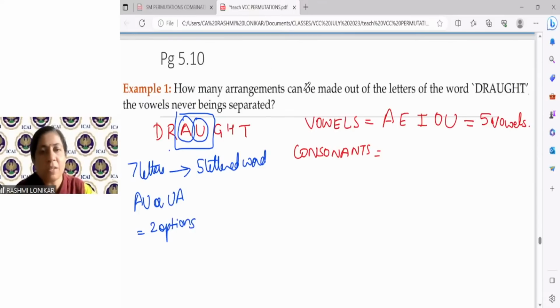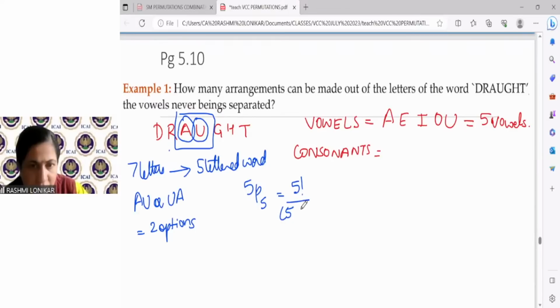So how many arrangements can be made out of the letters? Out of 7 it becomes 5, so I have 5 P 5, which is 5 factorial upon 5 minus 5 factorial. 5 minus 5 is 0 factorial, which is equal to 1. So I have 5 factorial.